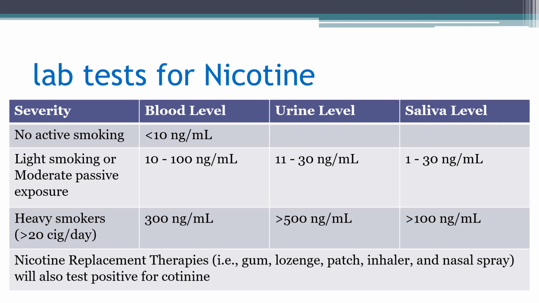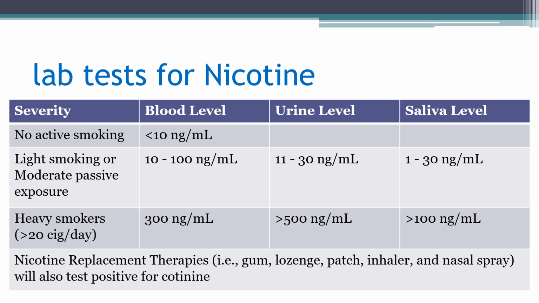For a light or moderate casual smoker, the blood level will be 10 to 100, urine level will be 11 to 30, and saliva level will be 1 to 30 nanogram per ml. For heavy smokers, meaning a person who is smoking more than 20 cigarettes per day, the blood level may be found more than 300 nanogram per ml, more than 500 for urine level, and more than 100 in the saliva.